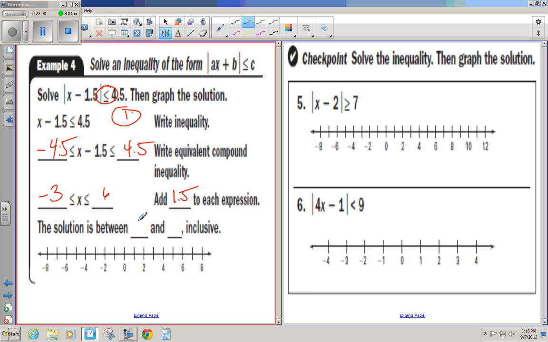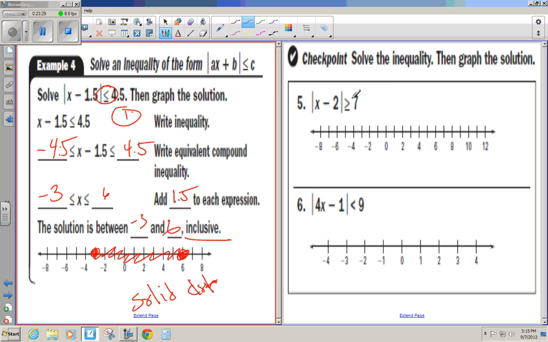Solution is between negative 3 and 6. And it says inclusive because it's equal to. So it is a solid dot. So negative 3, 6, and it's everything in between.